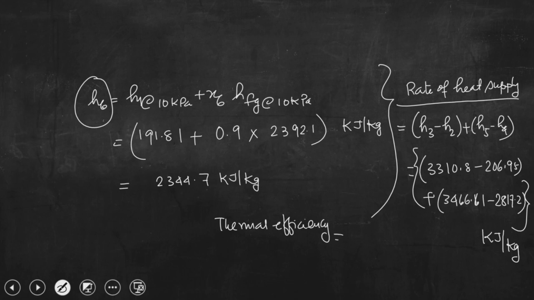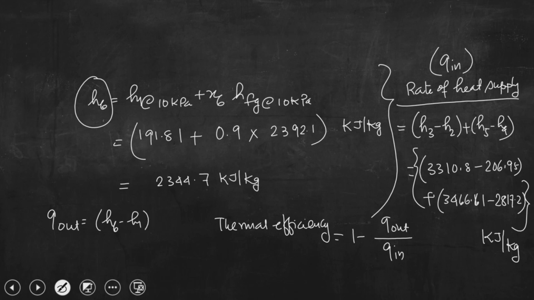That is 1 minus Q out divided by Q in. So, this is Q in, and what about Q out? Q out is equal to H6 minus H1.